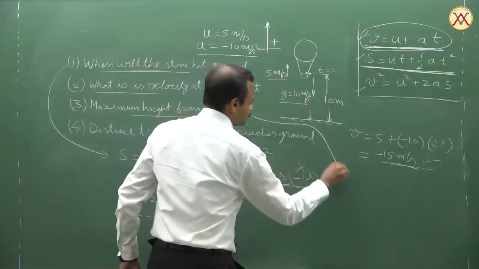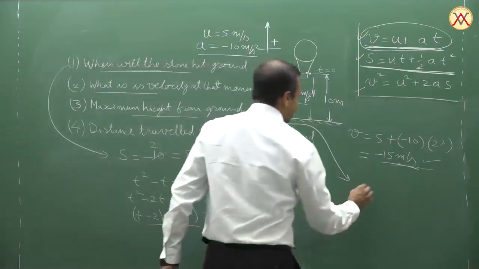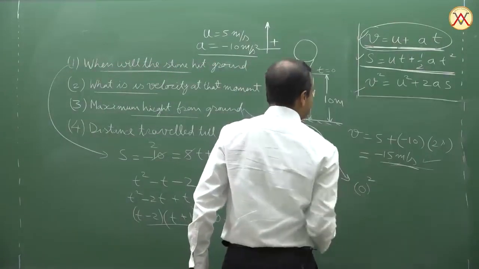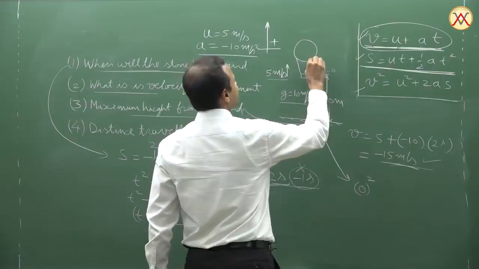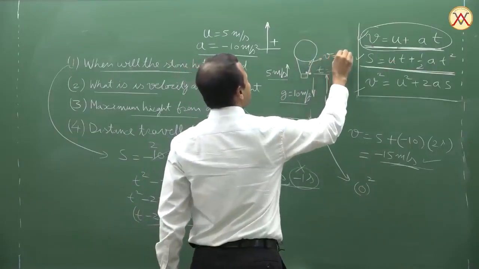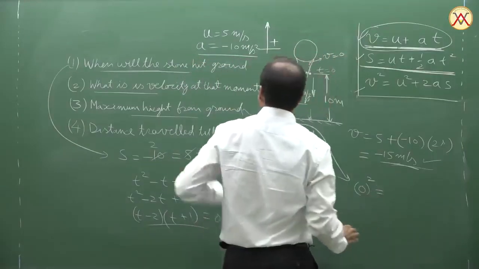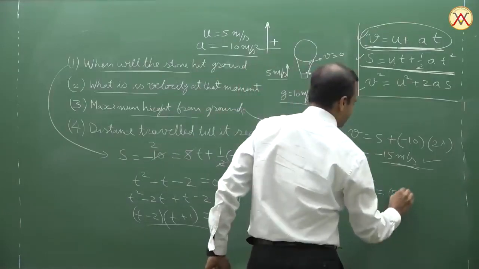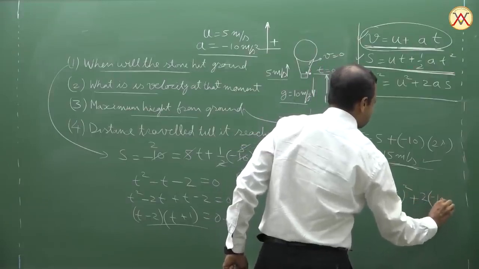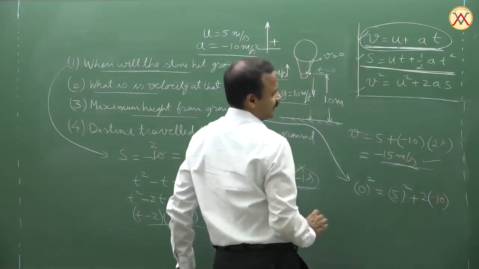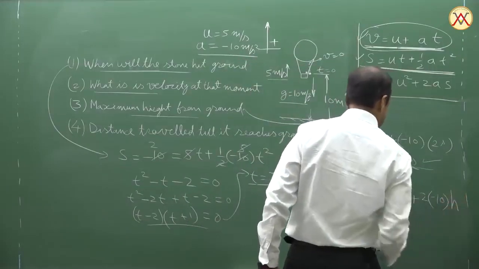So for this part, we will use third equation of motion, v square, which is 0 squared at the highest point of its trajectory. Somewhere here, its speed is 0. So 0 square equal to u square, which is 5 squared, plus 2 into acceleration, which is minus 10, and s is what we have to find as h max.